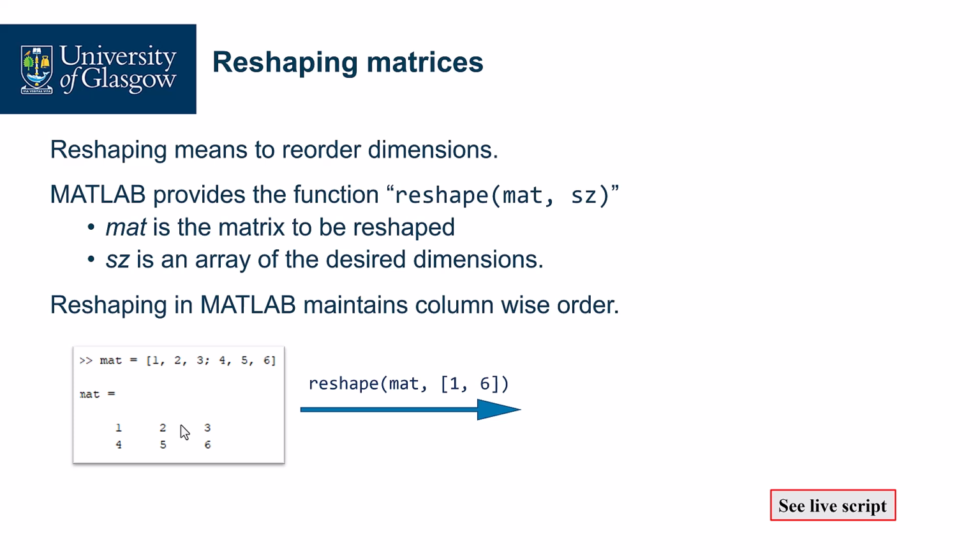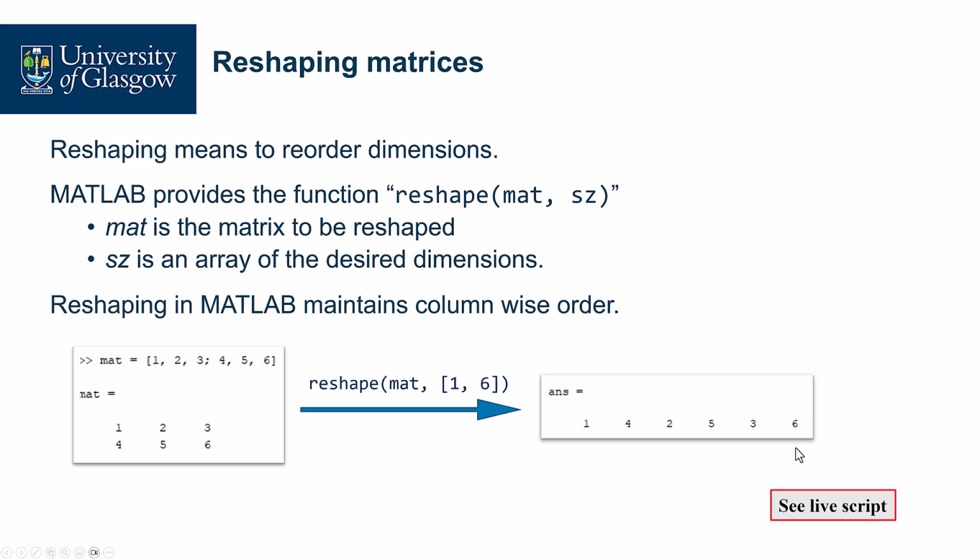Clearly I want the 2 by 3 matrix to become a 1 by 6 matrix. So how to do it? Is it 1, 2, 3, 4, 6, 5? Let's see what MATLAB gives us. It gives us this: 1, 4, 2, 5, 3, 6.